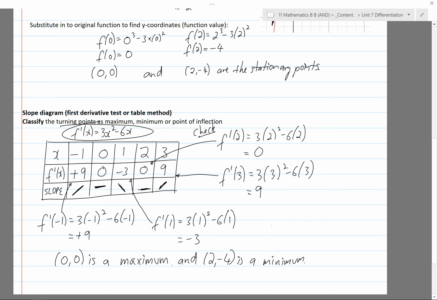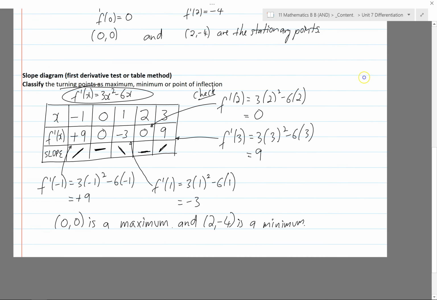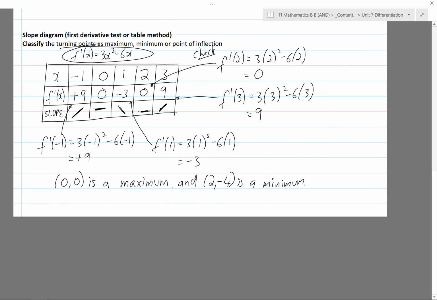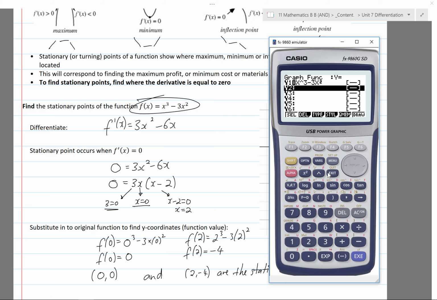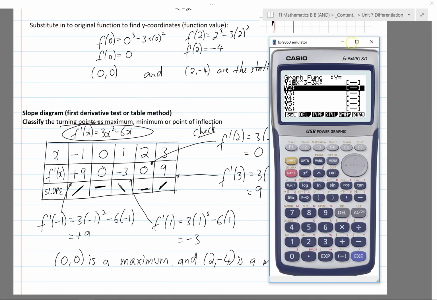Is there any other way that we could check this? Yep, we can draw a graph on Desmos, or we could draw a graph on our graphics calculator. I'll type my original function into my calculator. I'll draw it. Can't really see it, so I might just zoom out.